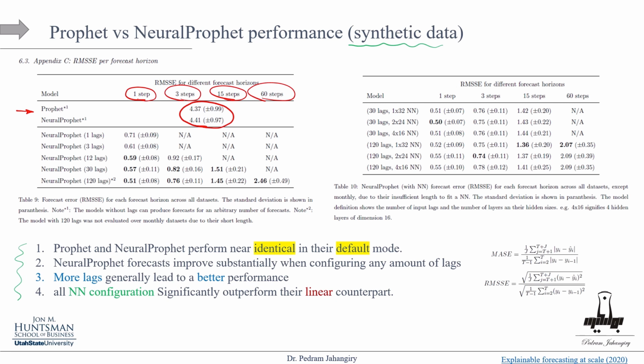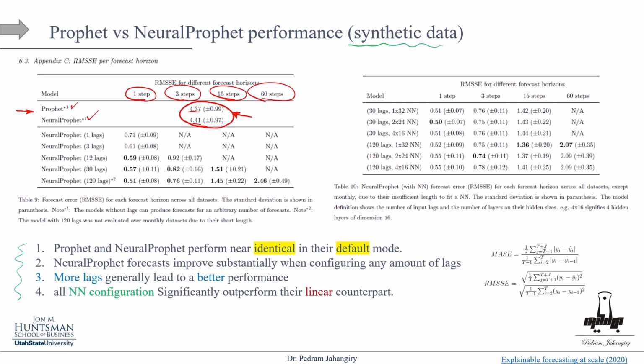We know that both Prophet and NeuralProphet can do multi-output forecasting at 1 step. As you can see, the default versions of both models are pretty much performing the same. If I compare their root mean squared scaled error, it's 4.37 versus 4.41. So this is pretty straightforward.